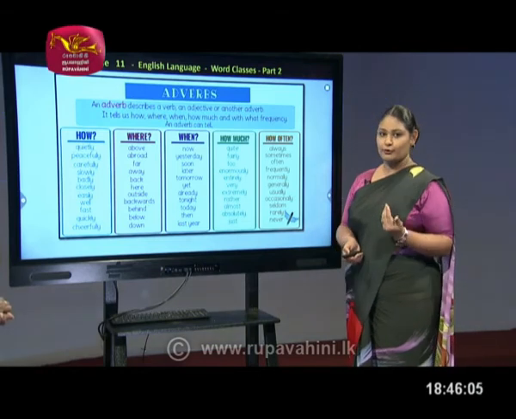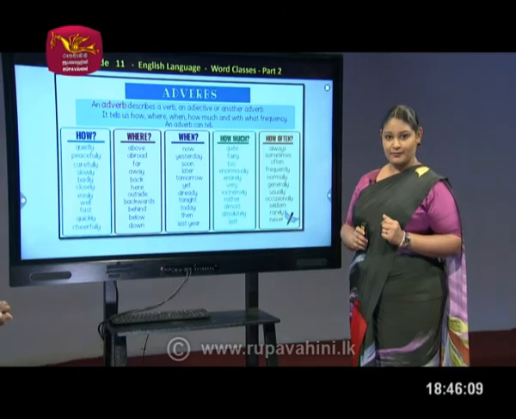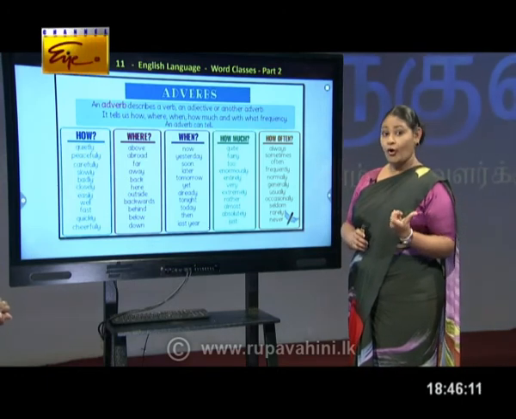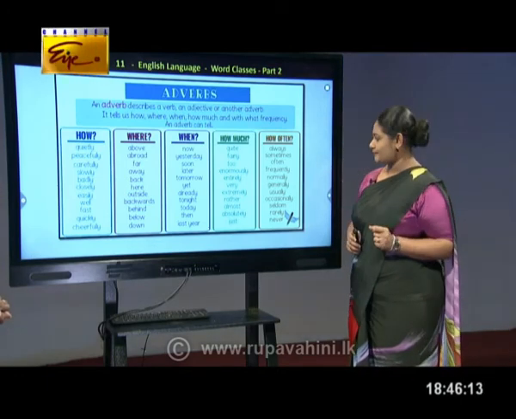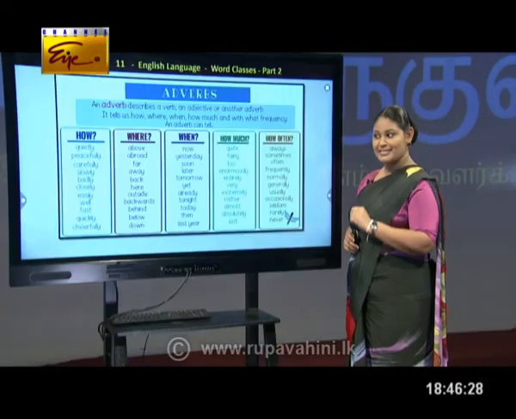How often do you exercise? These are the adverbs we use when you talk about how often, the frequency. Always, sometimes, often, frequently, normally, generally, usually, occasionally, seldom, rarely, never. Barking dogs seldom bite, they say.